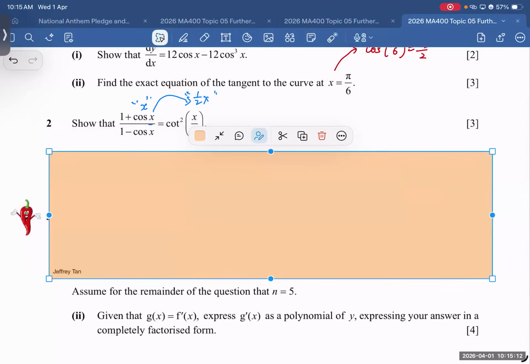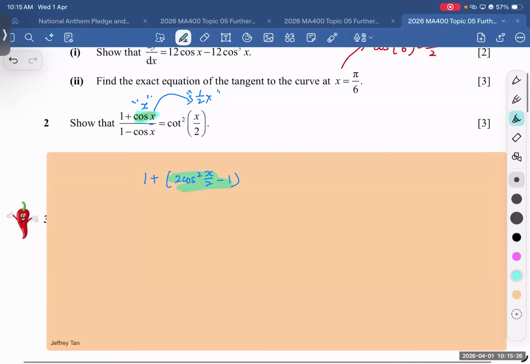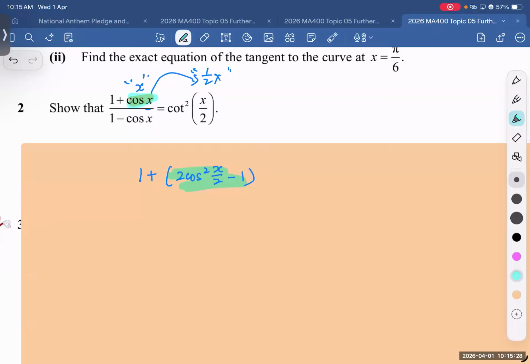For the numerator, you substitute 1 plus cosine x, write this as 2 cosine square x over 2 minus 1. This will take over the cosine x, and that will get rid of 1. For the denominator, you use the other formula, 1 minus 2 sine square x over 2.